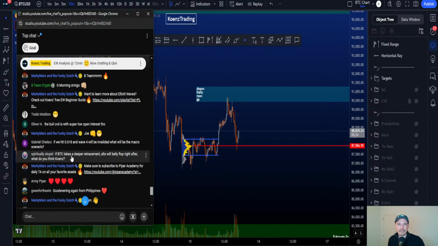So we already had, by the way, a great move to the upside from 60k to 90k, which is no mean feat. But yeah, if Bitcoin goes down now, then yeah, alts will very likely move down. And if Bitcoin then moves back up, then yeah, the alts will also move back.